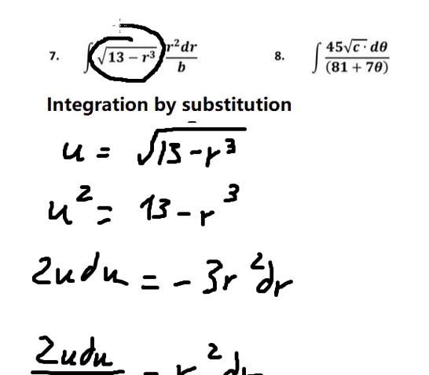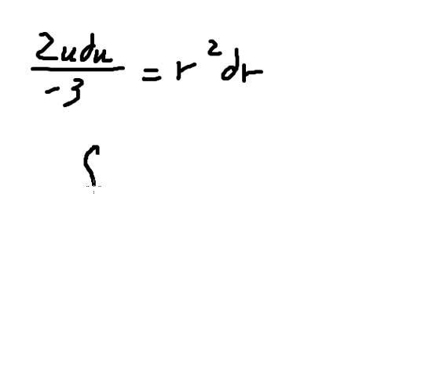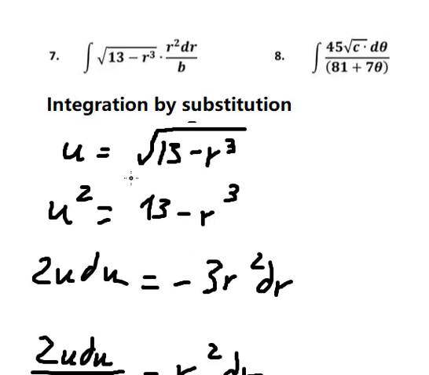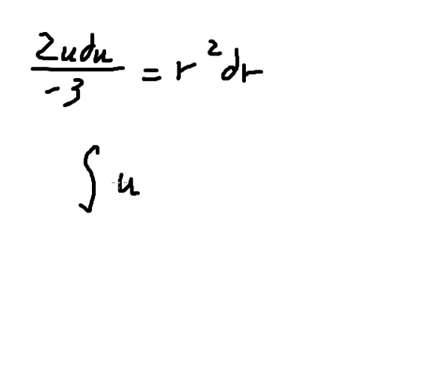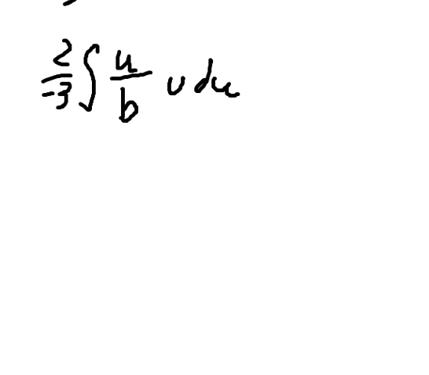This one, the square root, we change by u. r squared dr, we change by 2u du over negative number 3. So u and u, we have u squared.